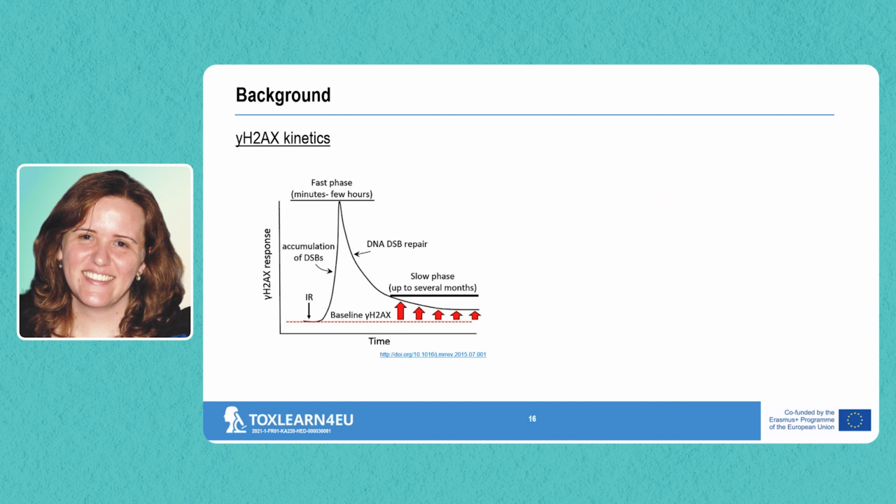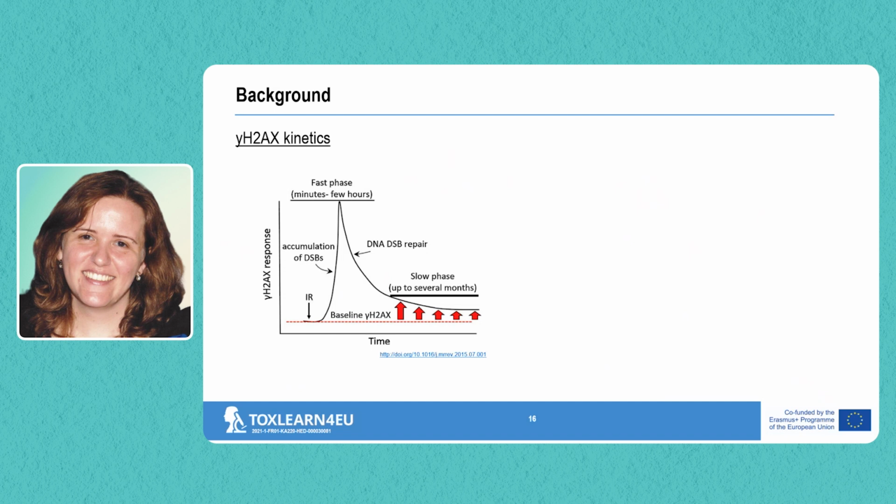And here it's pretty much the same. We need to know how big our window is to actually see this phosphorylation, because if it disappears too quickly, maybe we are just not seeing it because we didn't collect the sample at the right time. This graph shows the H2AX phosphorylation response with time.